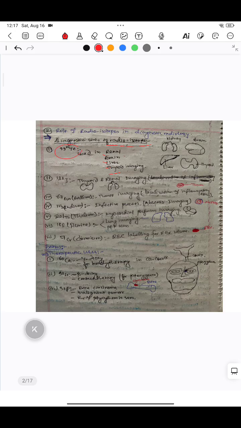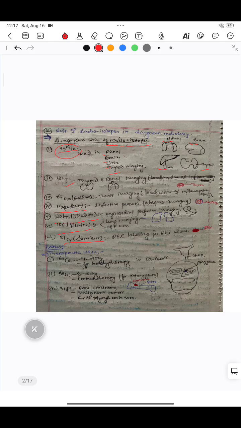There are seven commonly used: 99 technetium, iodine 131, gallium 67, indium 111, thallium 201, fluorine 18 and 51 chromium. 99 technetium is used for kidney, brain, liver and thyroid. Iodine is for thyroid and kidney.